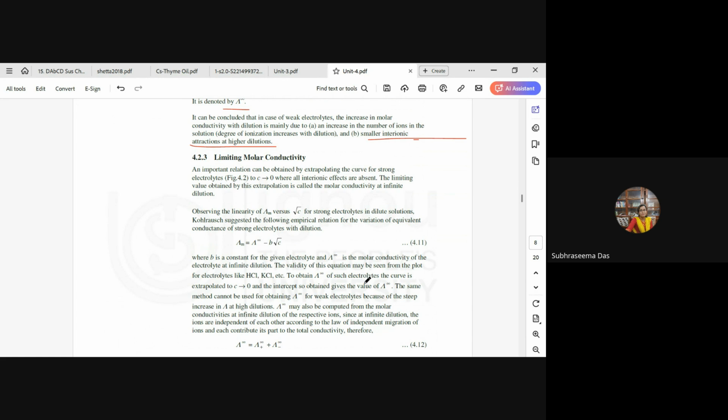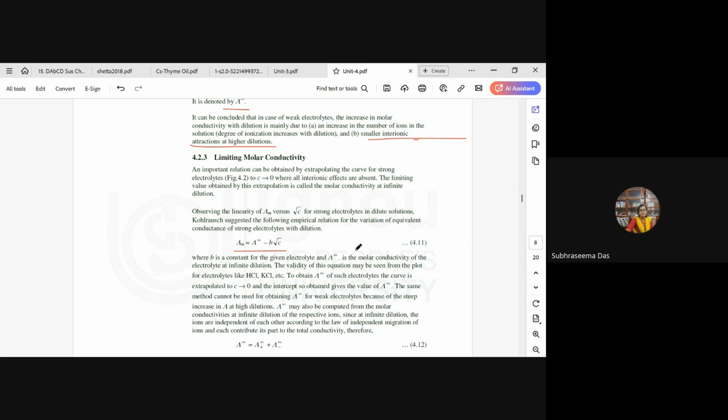So here, this limiting molar conductivity is obtained by extrapolating the curve from C to 0 for a strong electrolyte. And when we observe this, Kohlrausch's law found this relation, that is lambda m is equal to lambda infinity minus b root c.